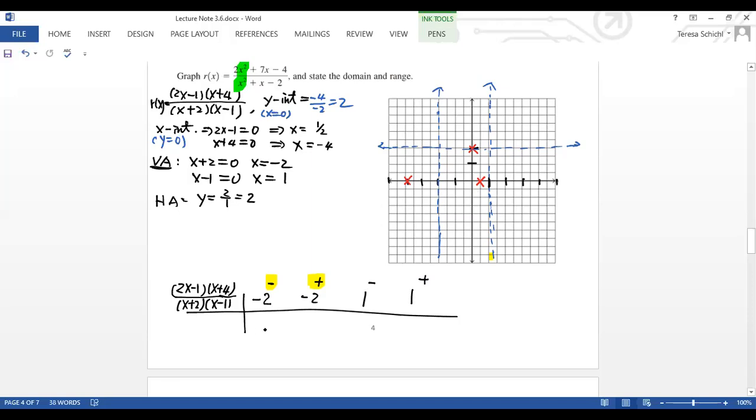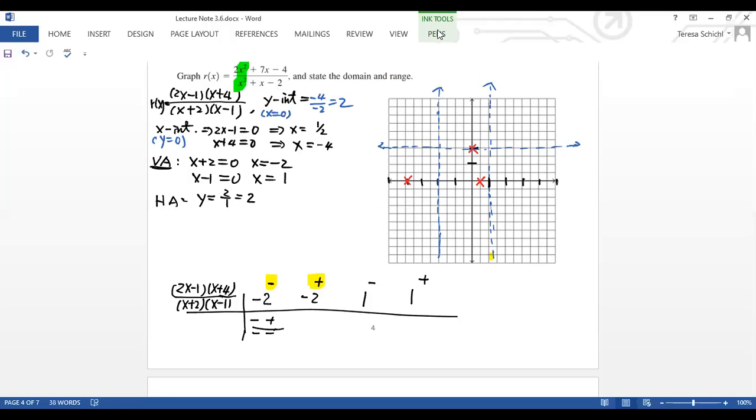Now I'm going to take a look at whether this is positive or negative. For any number on the left-hand side of negative 2, 2x minus 1 will be negative, x plus 4 will be positive, and this one is negative, because if you put in negative 3, it's negative.